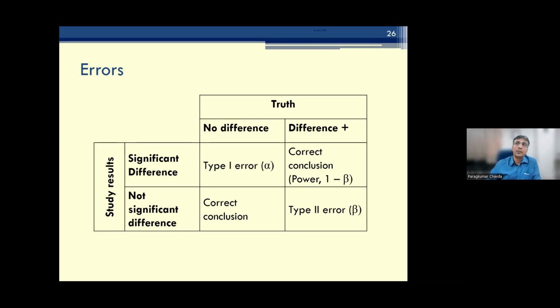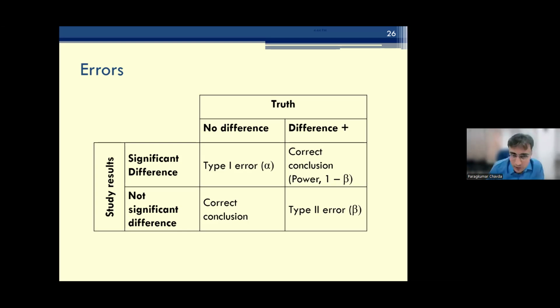For example, if I'm interested in cancer treatments, I might say that the level of power I keep has to be very high. So I might keep the power at 90% or something. The higher the power that I keep, the higher the sample size required. To be able to detect that small difference, we'll need to study a sufficient number of patients, and hence higher power would usually require a little more sample size.